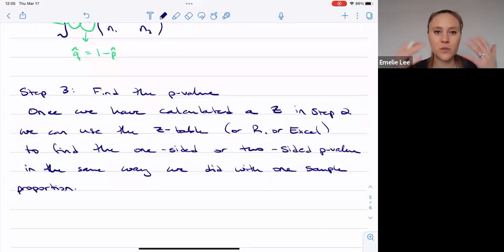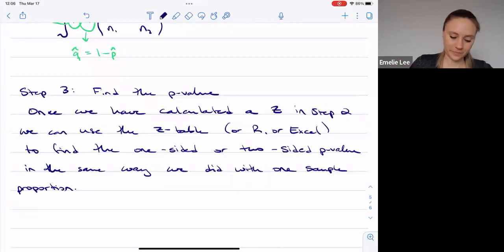So once you've reduced it to a z, you know how z works, then you're just off to the races. Even if you look up how to do a difference of proportions other than 0, I don't know what the test statistic is, but if it is a z-score, you know how to do that, right? So you just need to make some changes in your calculation probably, and then you can go from there.